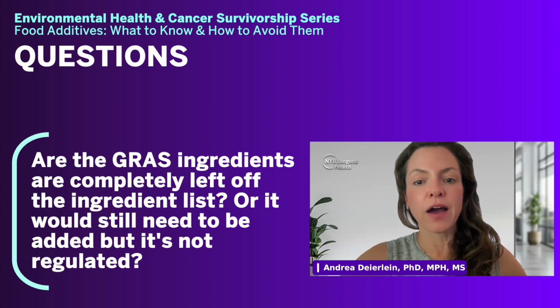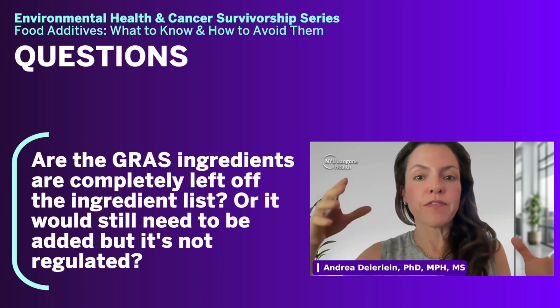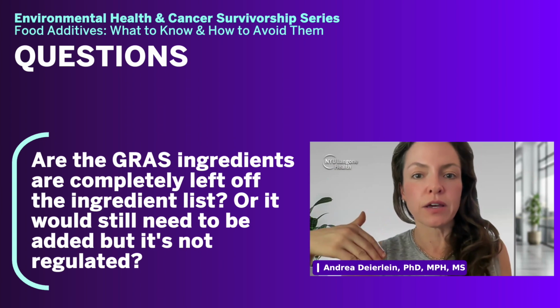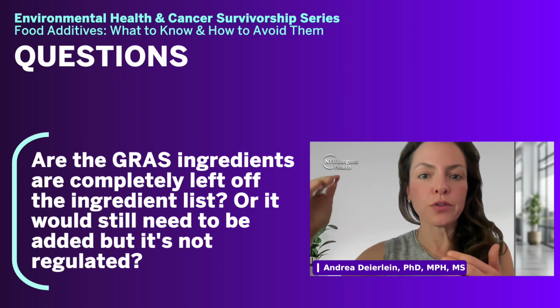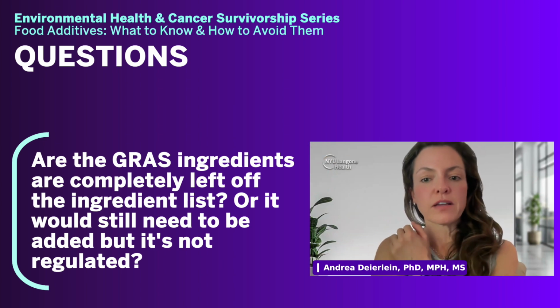The FDA allows food manufacturers to basically notify the FDA that an ingredient is considered generally recognized as safe, and then they can put it into the food without it having to go through the new food petition, the pre-market approval process of the FDA.